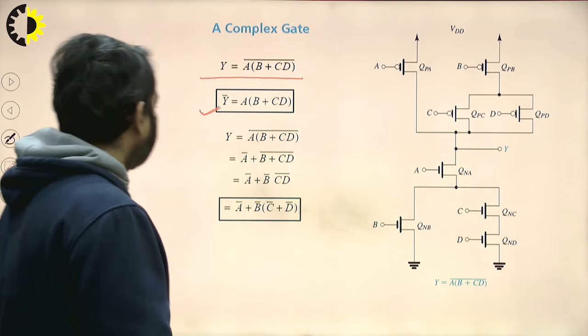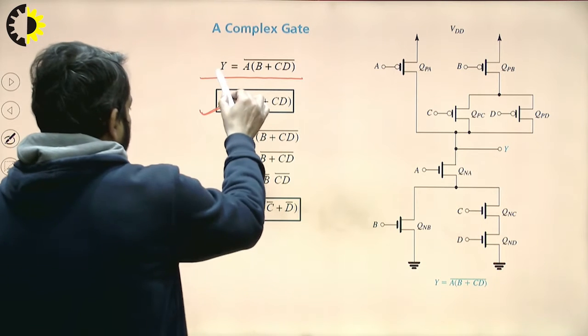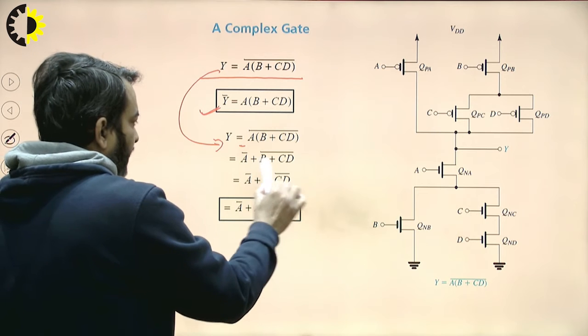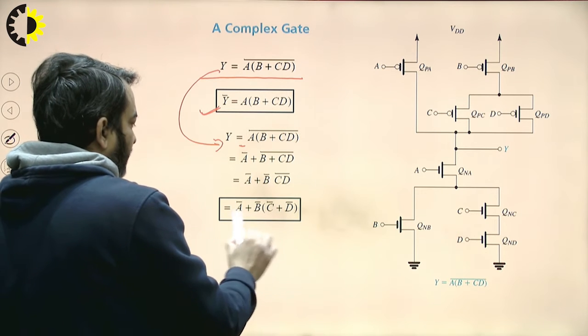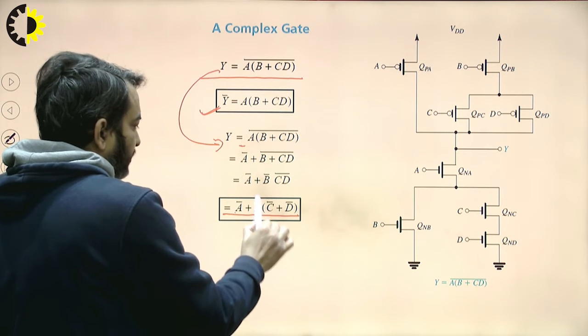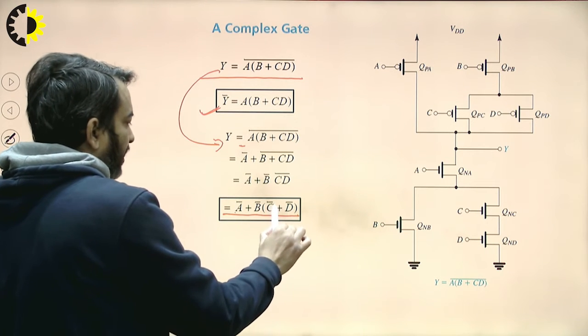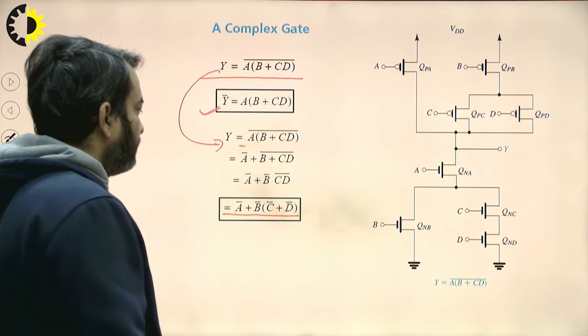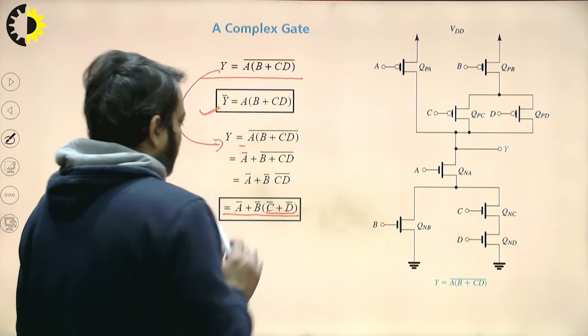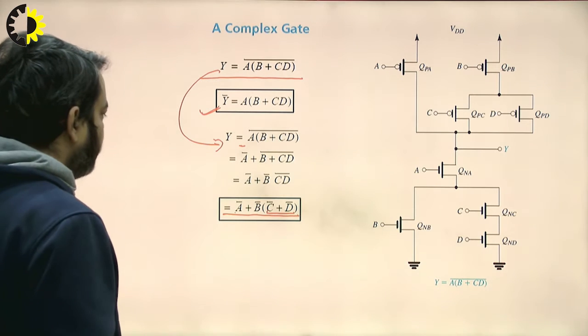Here, we can express this y in this way. If we break this down, finally we will have A bar plus B bar in bracket, C bar plus D bar. Here first we will see this particular term, C bar plus D bar.